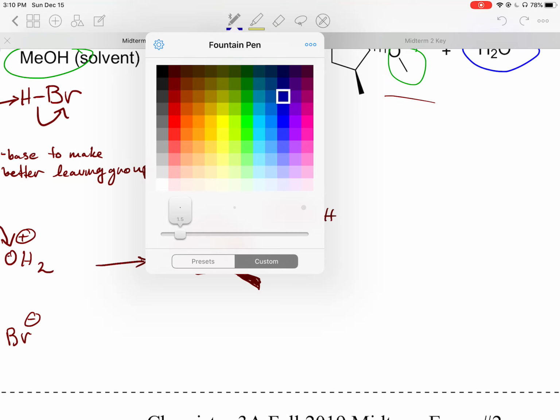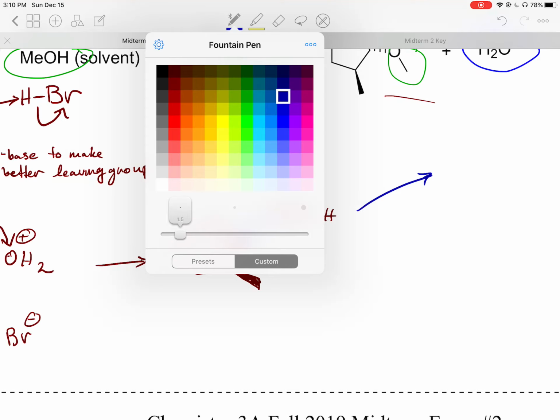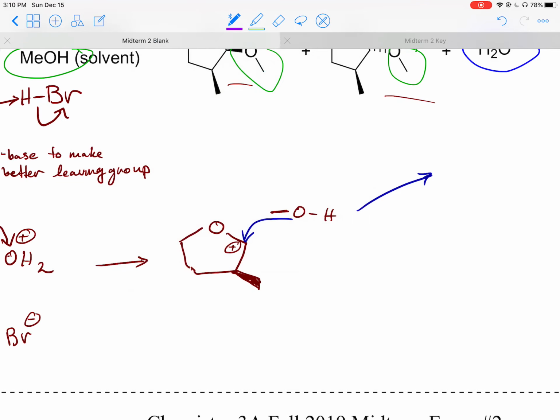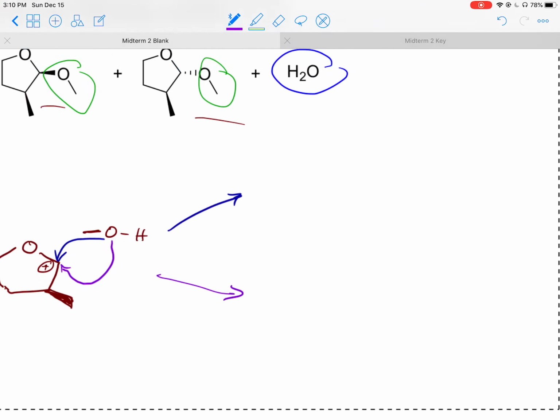So we can have it attack from above, or here, draw that. We can have it attack from below. You'll recall this is trigonal planar.